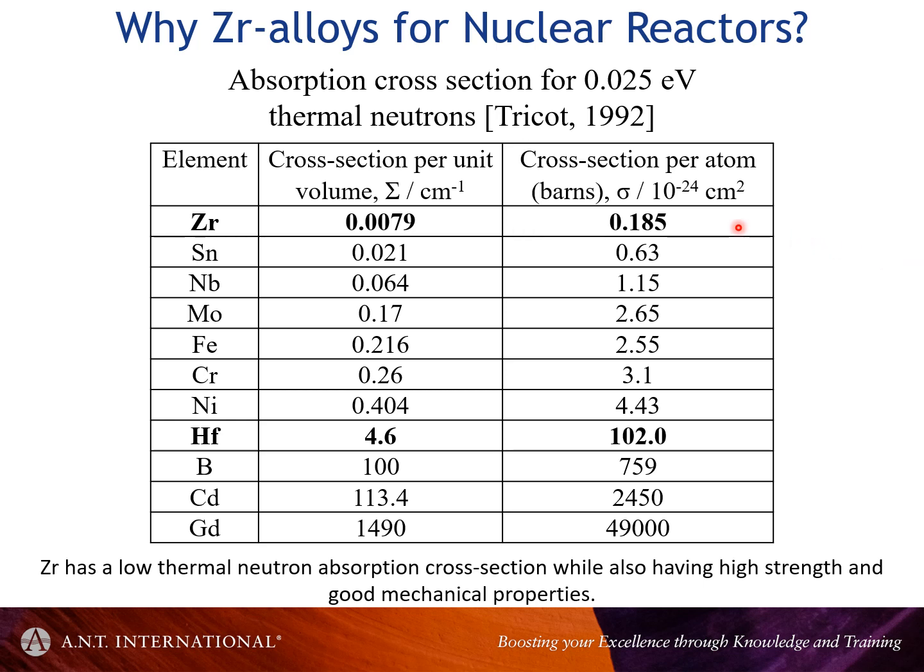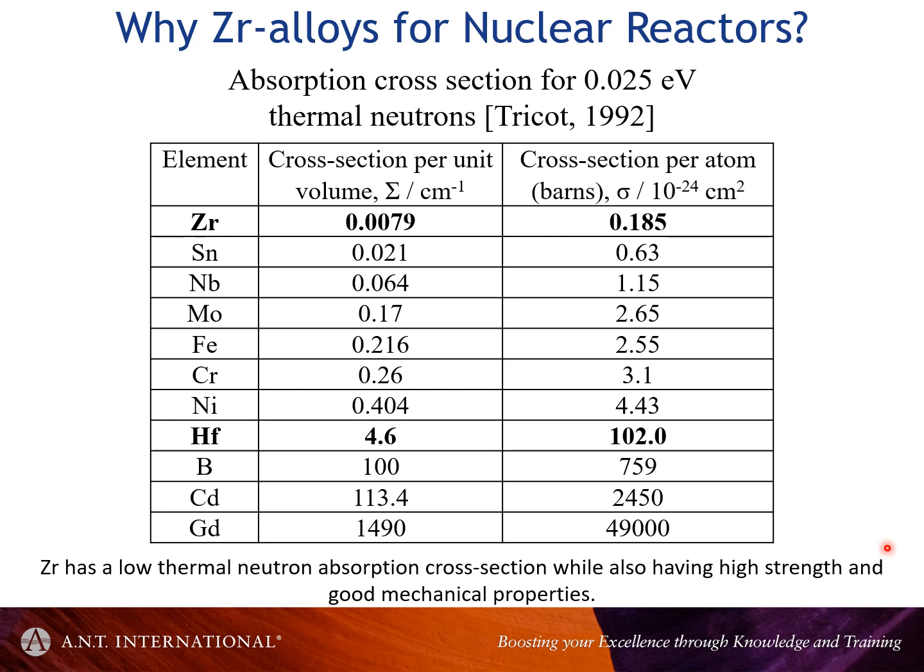And if you compare the neutron absorption of zirconium with most common structural materials, materials that are used in steels, for instance, you'll see that it has a low thermal neutron absorption cross-section, and that's one of the reasons why it was chosen as the element of choice for creating alloys for use in the nuclear reactor core, especially for fuel cladding.